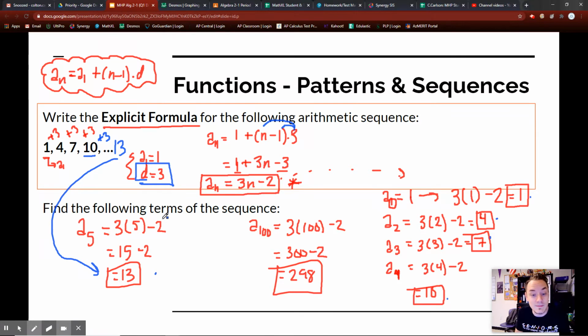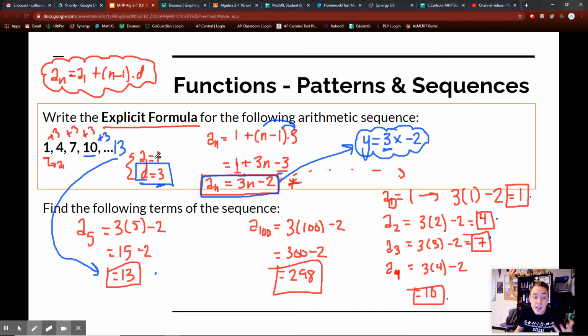Because it's a function. Watch very closely. What does this function, not sequence, function look like? This literally is y equals 3x minus 2. It is a line. It is a line. Isn't that crazy? So now watch, look at this 3 here, and then look at this 3, look at that 3. The 3 is the common difference, right?